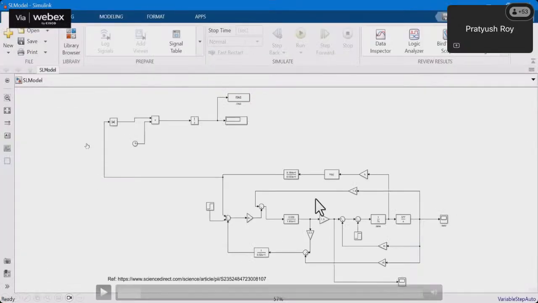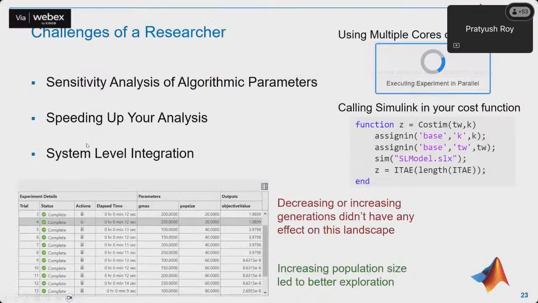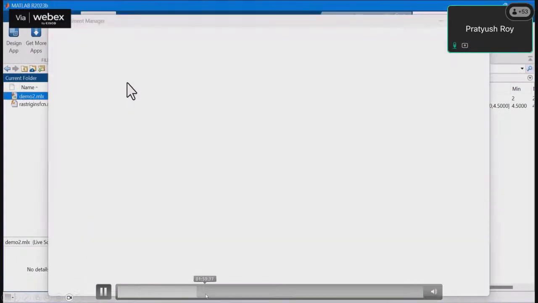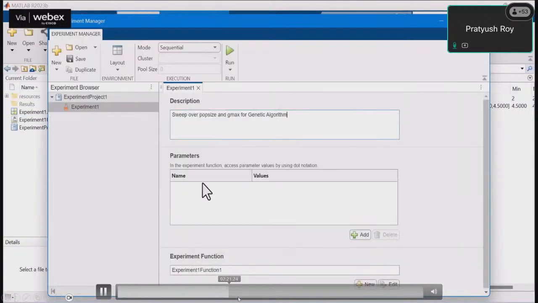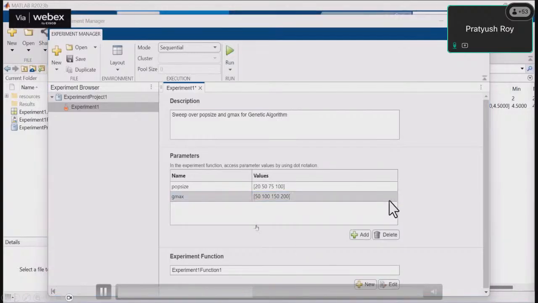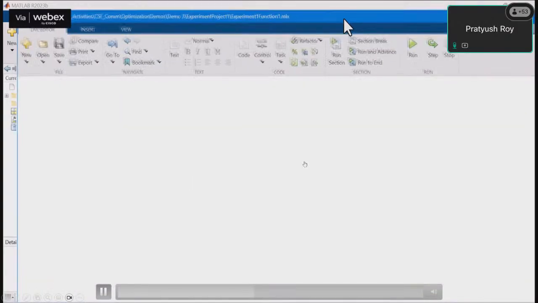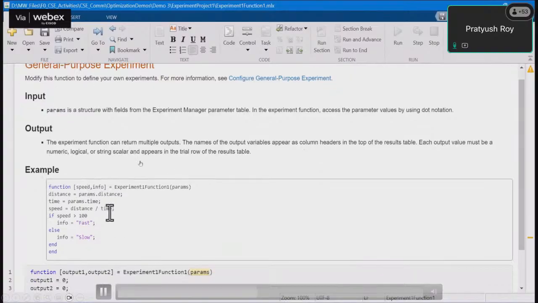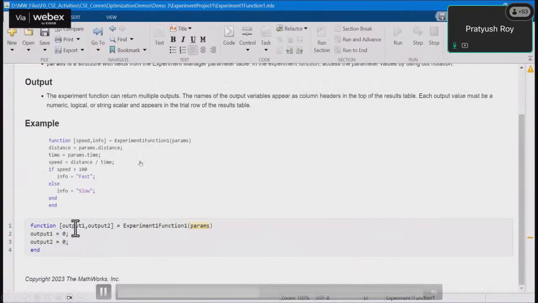Okay. So now, let me run this and let me bring you here. Okay. So I chose the values as 50, 100, 150, 200. Now I need to write the experiment function, which will sweep over all these values. Okay. Now it will already give you a template on how to write this.